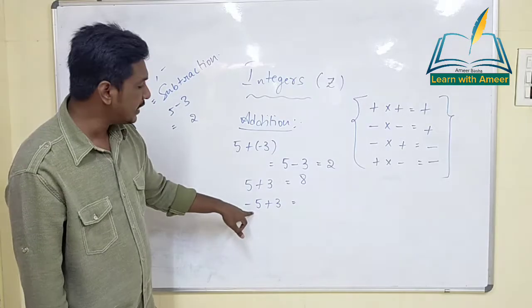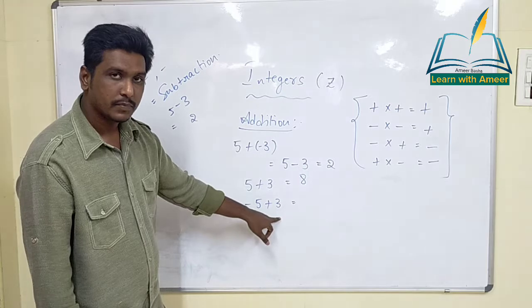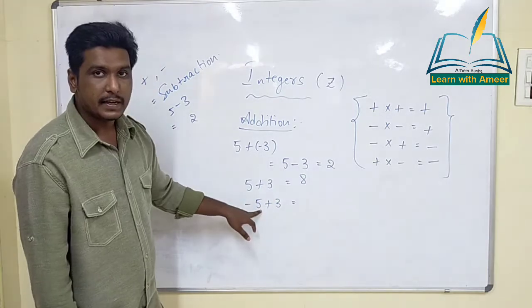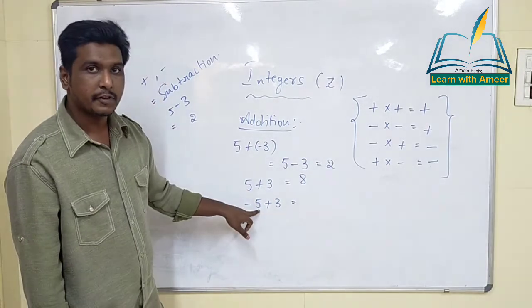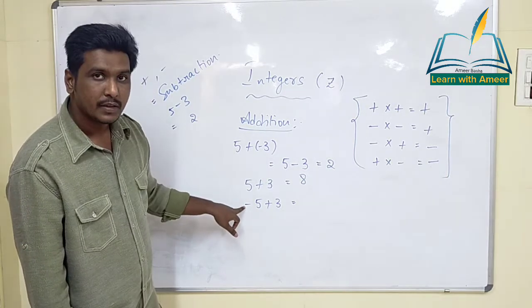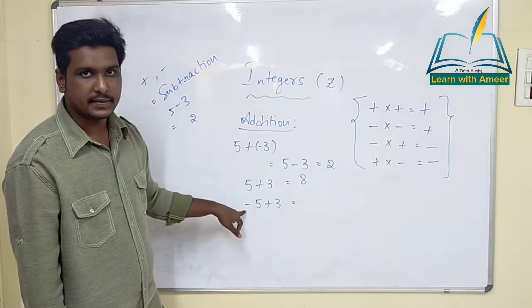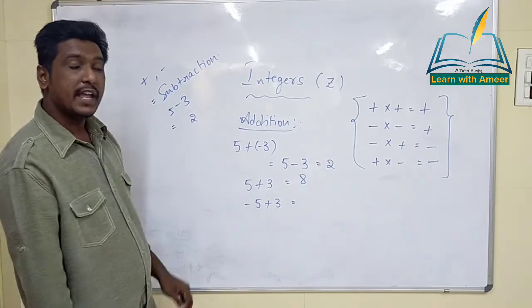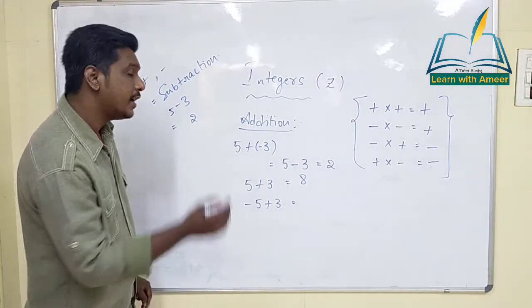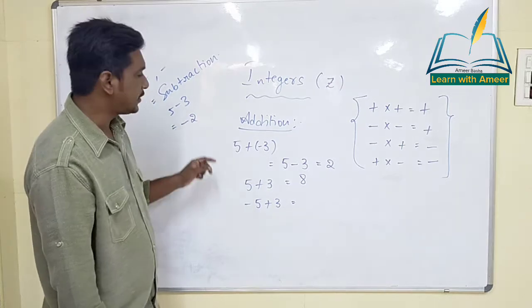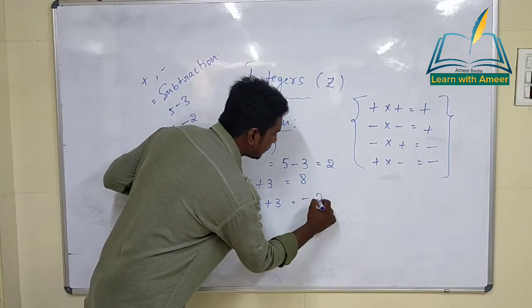Which number is bigger, children? 5 or 3? 5 is bigger. Now for that 5, what symbol is there? Minus symbol is there. So for the answer, what do we have to keep? Children? Minus. So the answer will become minus 2.